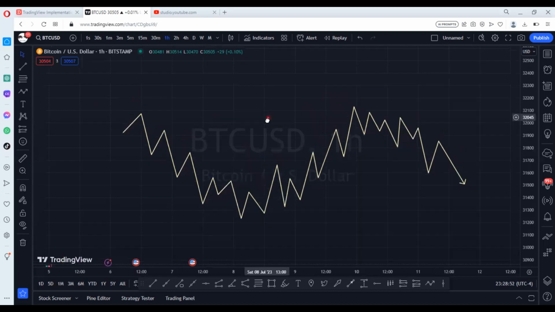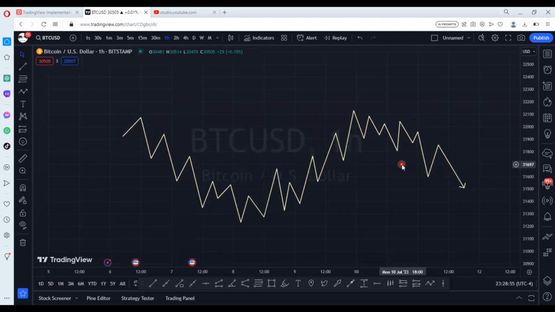For instance, this is the market. We have the bearish movement and we have the bullish movement. Now, inside the bearish movement, we have highs and we have lows.